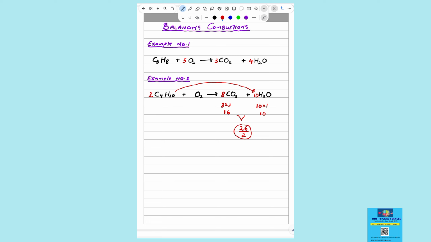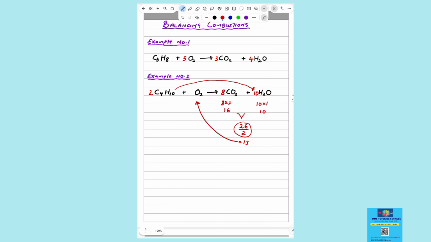Then I'm going to take the 13 and put it there. I said the number of oxygen must be divided by 2 for the equation to be balanced. Then I am sorted like that.